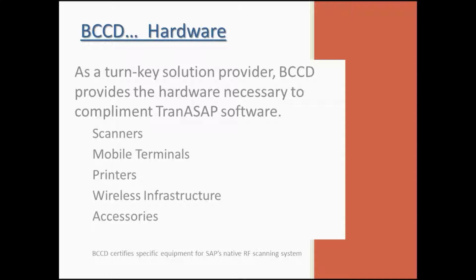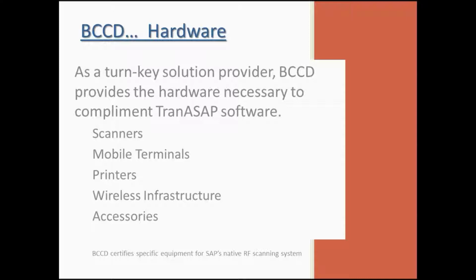But as John mentioned, we are a turnkey solution provider, so part of that solution is going to be the hardware. The different types of hardware that BCC Distribution is able to provide include scanners, both corded and Bluetooth, mobile terminals, including some of the ones you saw in the video, vehicle terminals, tablets, and printers. We can do mobile printers, tabletop printers, and small desktop printers.